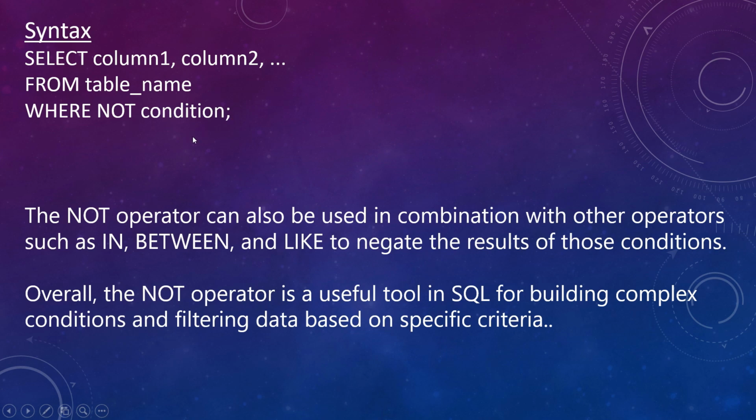This is the syntax, and we have already run one query using this syntax. One very useful and important point to note is that the NOT operator can also be used in combination with other operators such as IN, BETWEEN and LIKE to negate the result of those conditions. So overall the NOT operator is a useful tool in SQL for building complex conditions and filtering the data based on specific criteria.